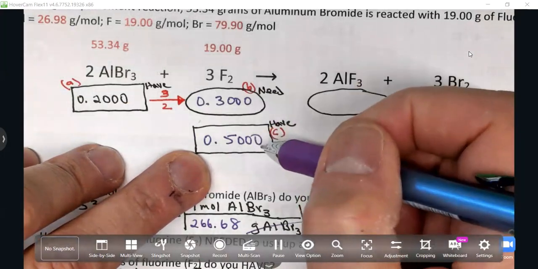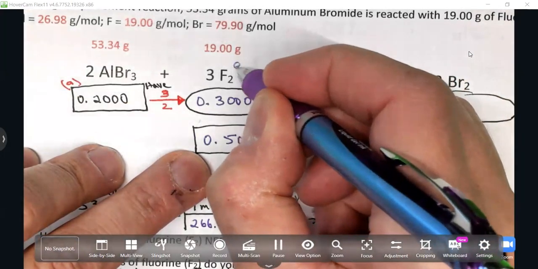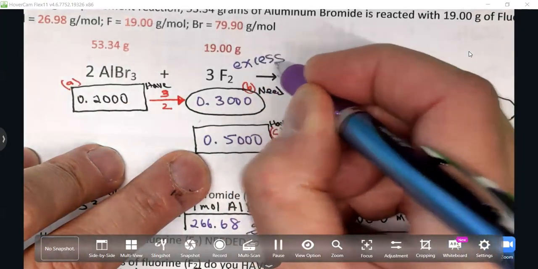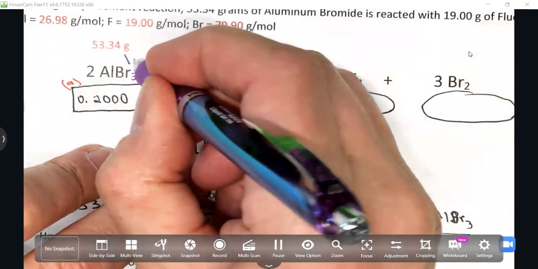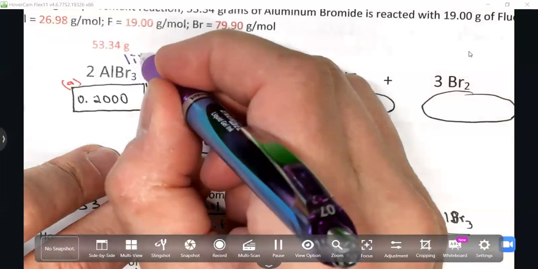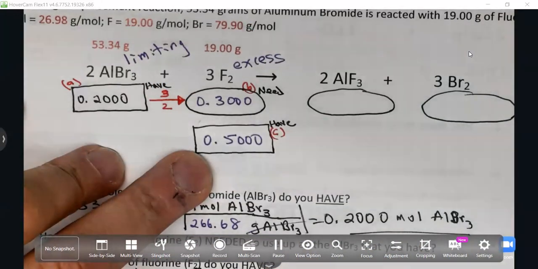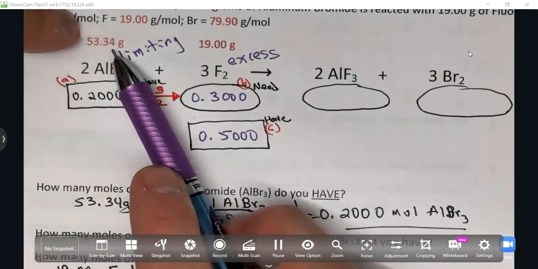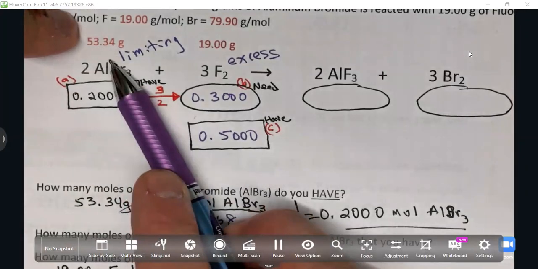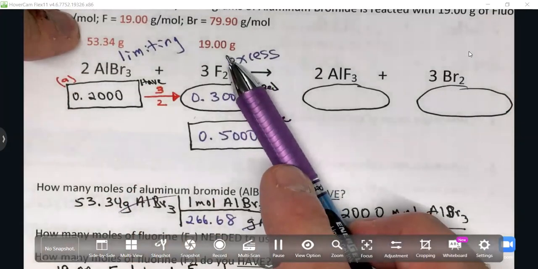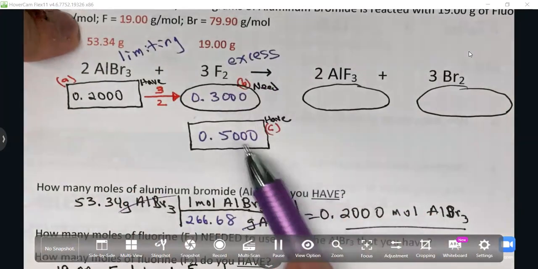That means if we have more than what we need, this is in excess. This one over here is limiting. We know that all 53.34 grams of the limiting one is going to be used up. Some of this 19 grams is going to be left over because we have excess.